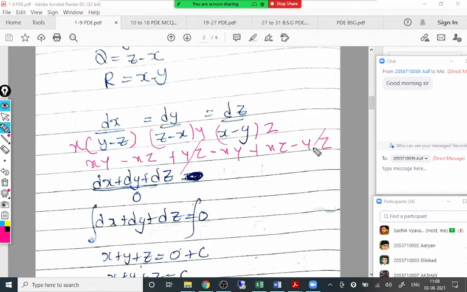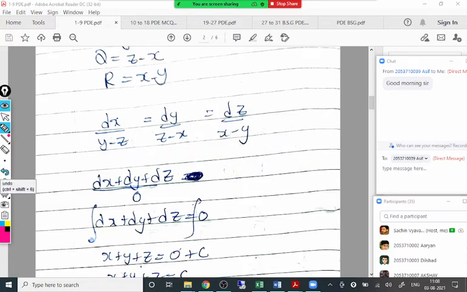We observe that yz cancels, xz - xz cancels, and xy cancels. So again the sum of the denominators comes to 0. This is just a cross-check. You can say 1, 1, 1 as a multiplier.